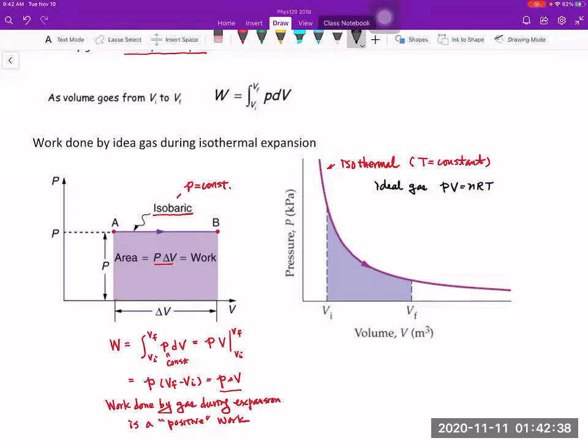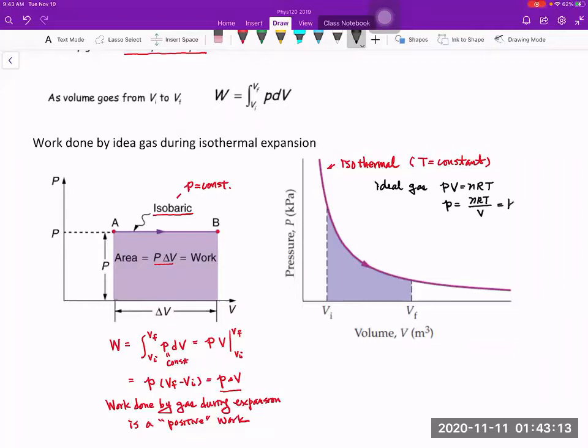So if temperature is a constant, then I can represent the pressure as mRT over V. Now, m times R times T are all constant, so you can treat all of those as one big constant.